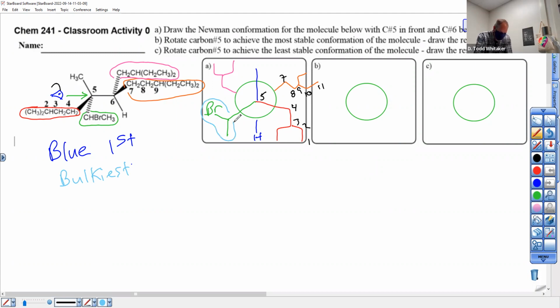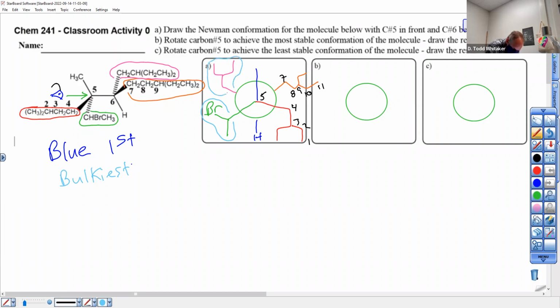And you tell me on the back carbon where you're comparing this pink group to this orange group to the hydrogen, which one's the most bulky? And if you want to be funny, you can say hydrogen, but don't do that. Which of these two is bulkier? The one that goes CH2, then a C branch? Or CH2 once, twice, then a C branch? I think you know the answer. Go pink, right? So pink is the bulkiest on the back.